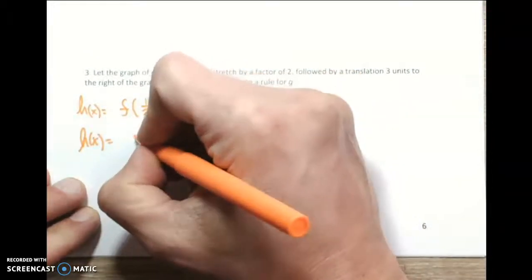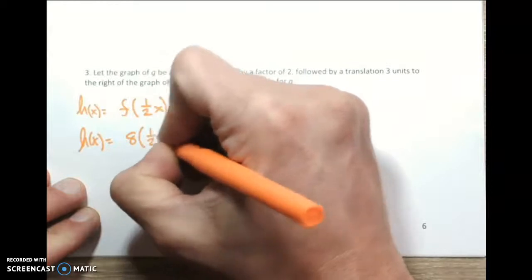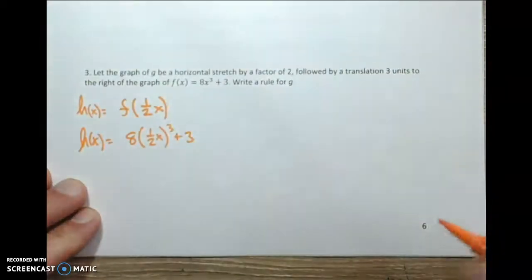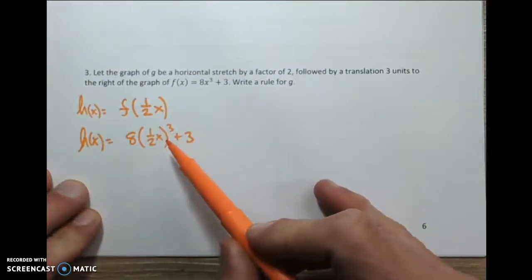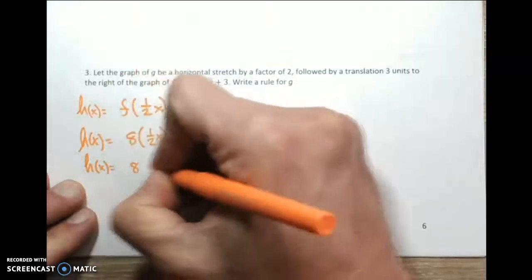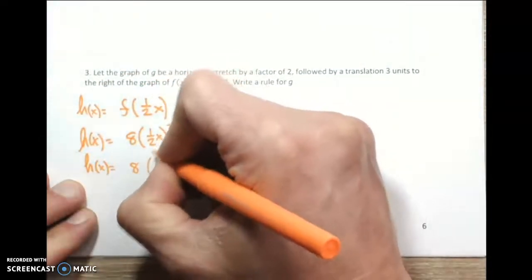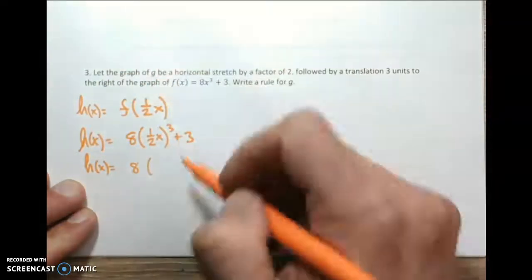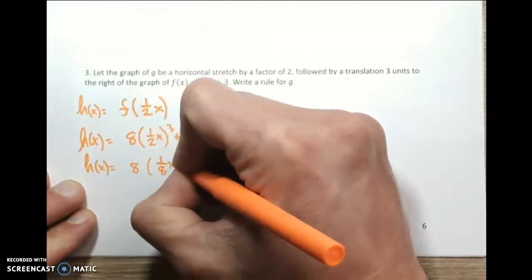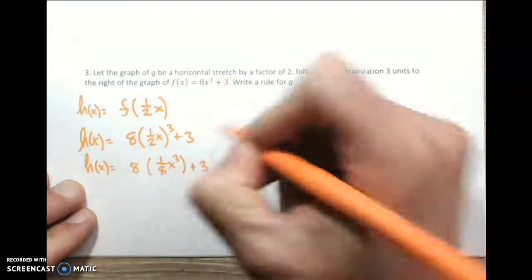So now I get 8 times 1/2 x cubed plus 3. Always do my exponents first, so I'm going to take 1/2 cubed. H of x equals 8 times 1/2 cubed. 1/2 x times 1/2 x times 1/2 x is 1/8 x cubed plus 3.